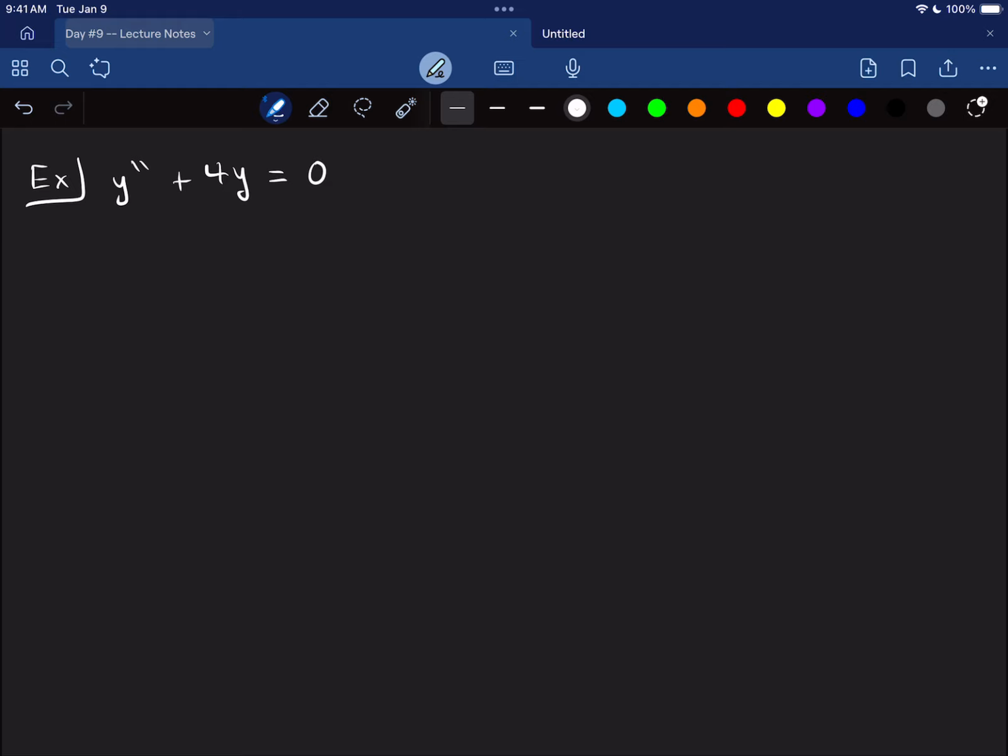Same pattern. We're going to start off by assuming a power series. And what I'm actually going to do here, just to show you another flavor of how to show your work, is we're not going to write this out term by term. We're going to do this in summation notation.